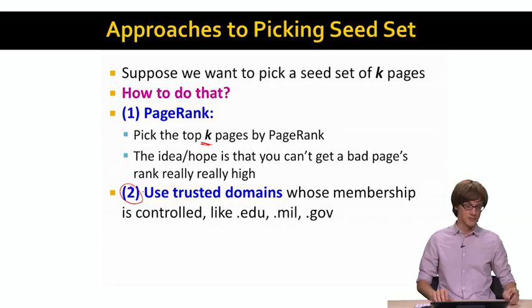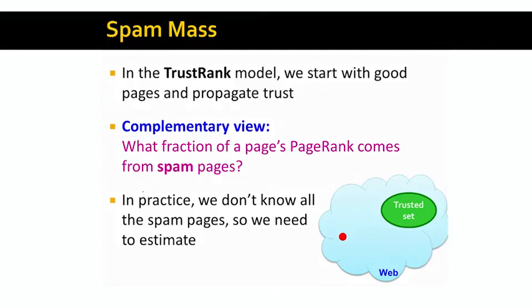What is also interesting now is that we can take our initial idea of identifying web spam and extend it a bit. We will extend it by creating this notion of spam mass. So the idea is the following. We will use TrustRank as a model and start with a set of good trusted pages and propagate the trust. But now we will flip our reasoning and use two complementary views.